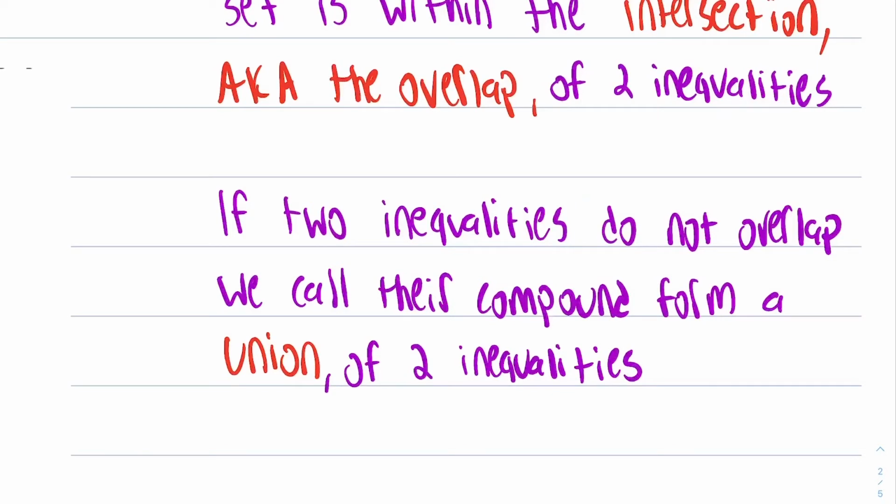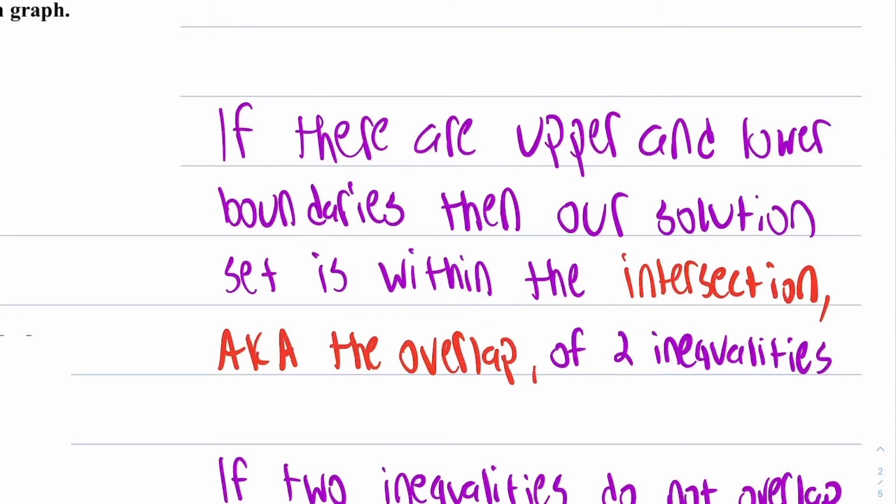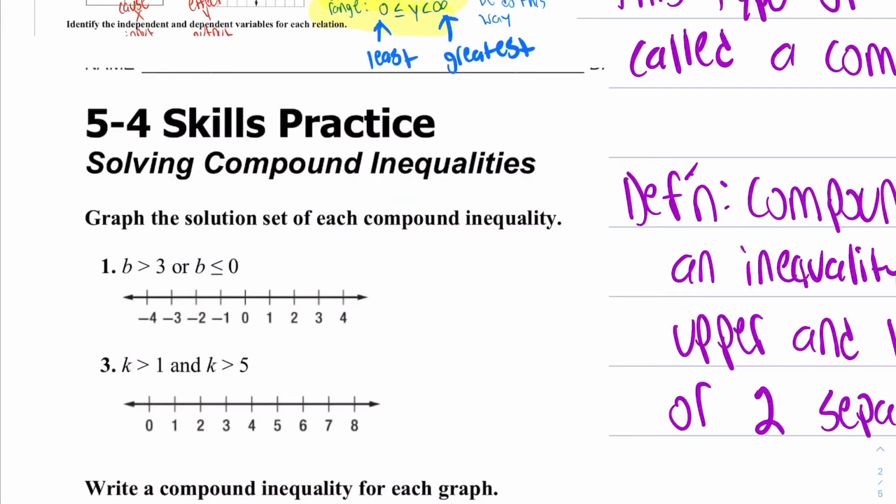If two inequalities do not overlap, then we call their compound form a union of two inequalities. So the two types are either they do not overlap and they make a union, or two inequalities overlap and they make an intersection. Let's do number 1 as an example.